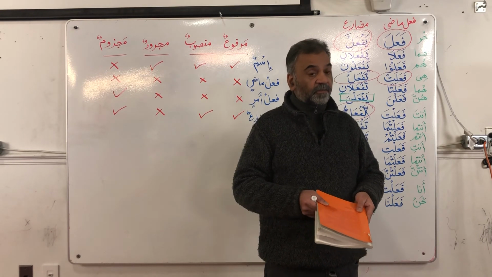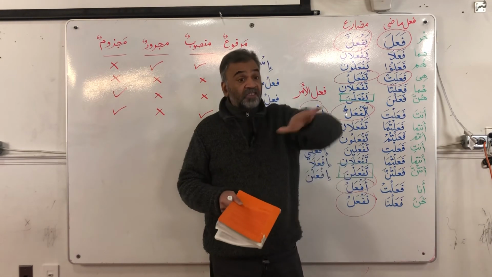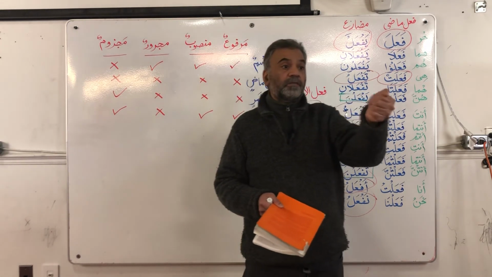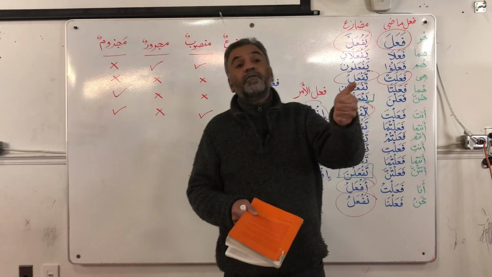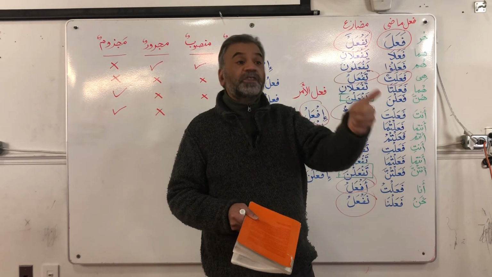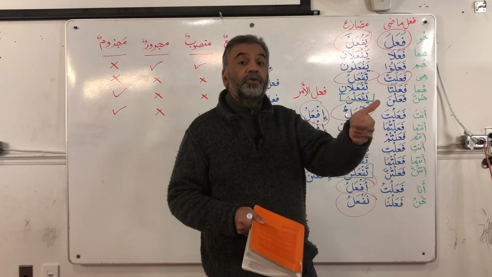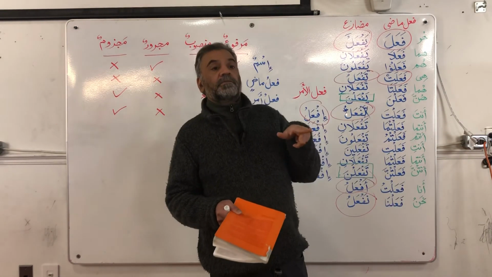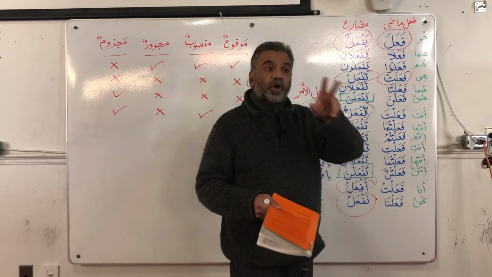It's a fail mutaaddi, transitive verb. So I need to bring in the object, maf'ulun bihi, and that object will always be mansoob, number 1. Number 2, it will be an ism, at-tabibata. Do you know the doctor?